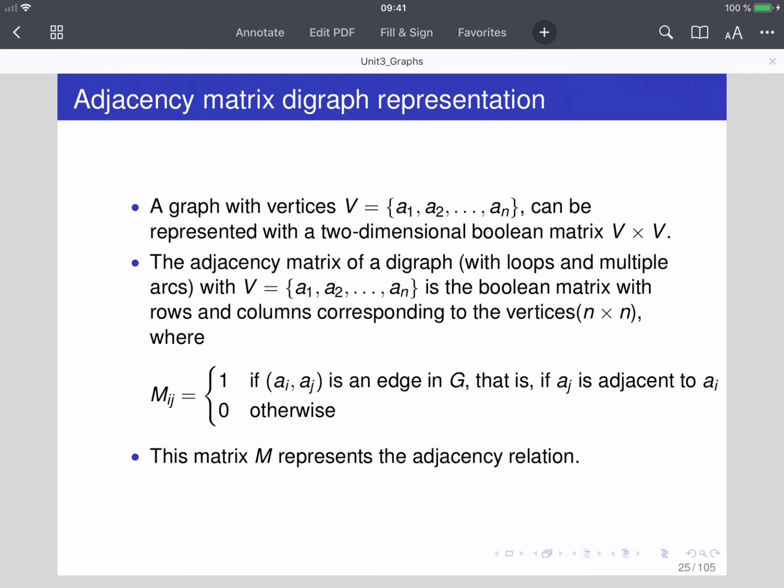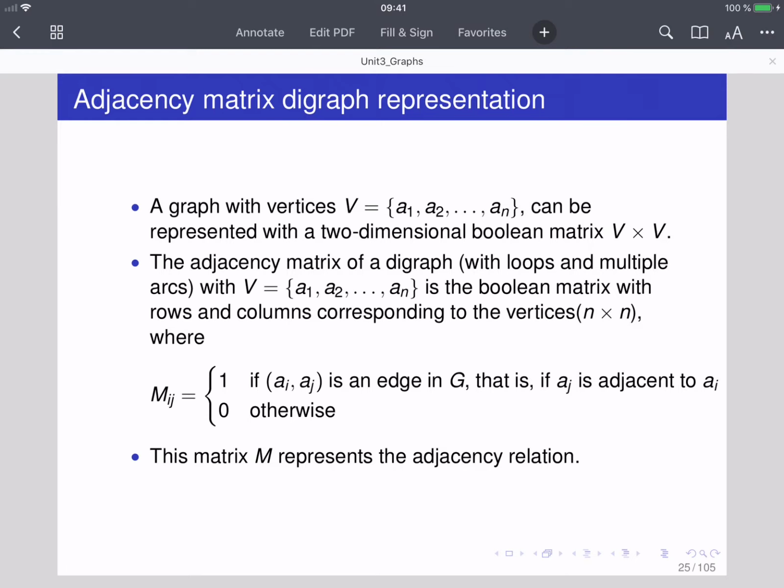Okay, so what is this adjacency concept good for in order to represent the information of the graph in a computer? Well, the idea is that we can store this information in a matrix, what we call the adjacency matrix of the graph.